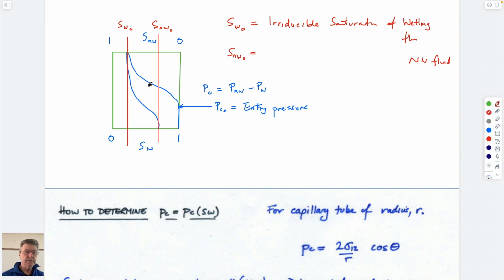This is the drainage curve, as water drains out of the system.